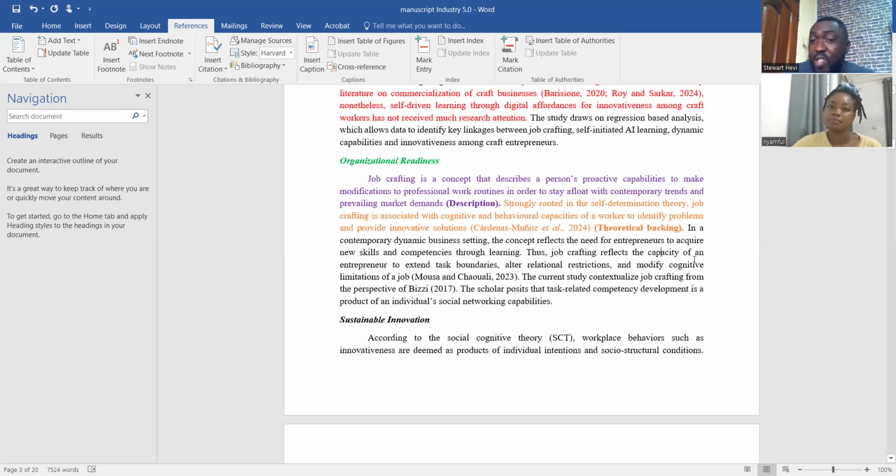You see, we felt that it's not enough. So we need to build more argument. So it goes on again to say that thus, job crafting reflects the capacity of an entrepreneur to extend task boundaries, that is 1, alter relational restrictions, that is 2, and modify cognitive limitations of a job.